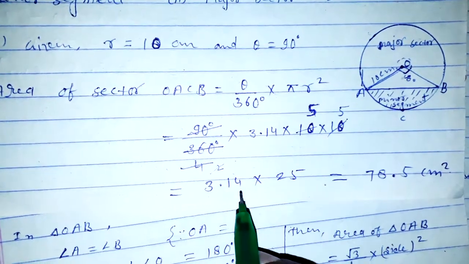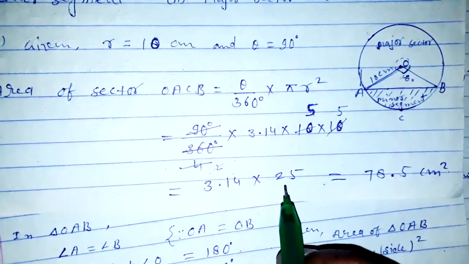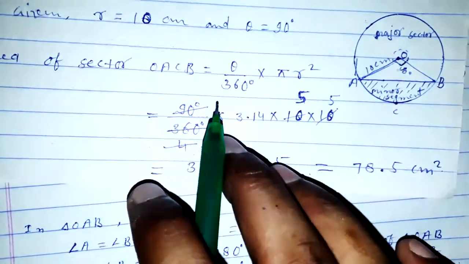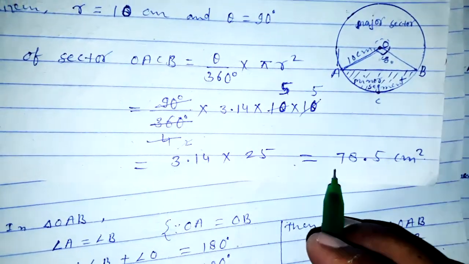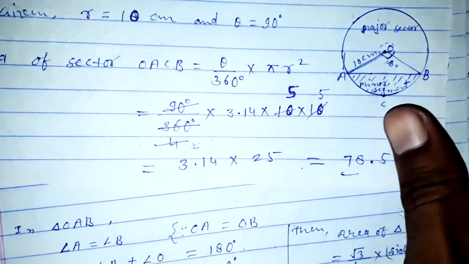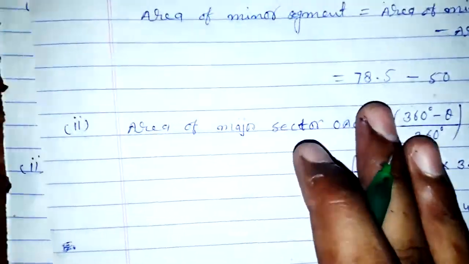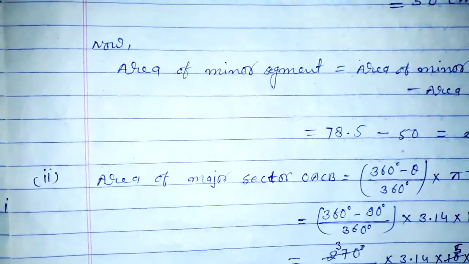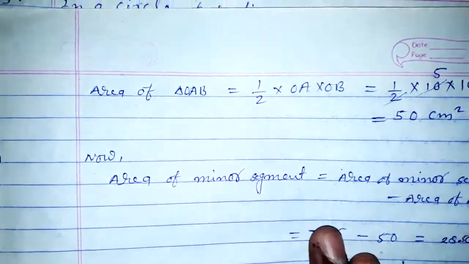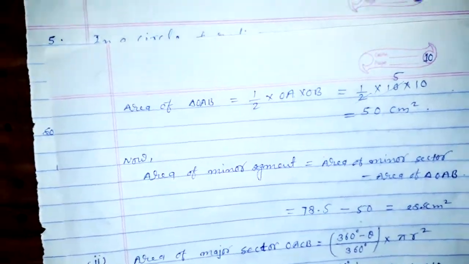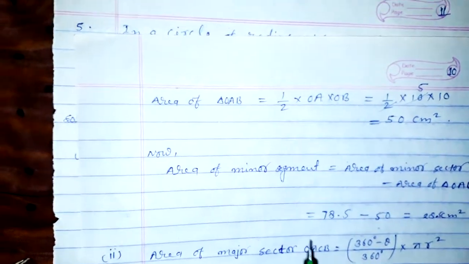So this is 3.14, and 5 into 5 is 25. So multiplying here, this value is the area of the minor sector, sorry, not minor segment, minor sector.